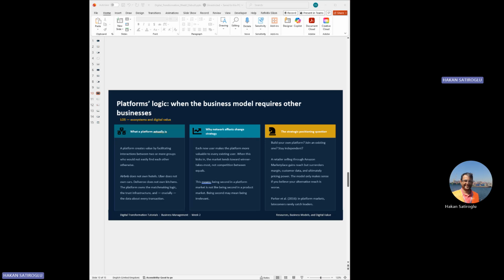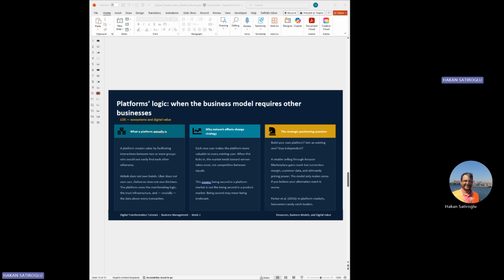The next slide is about platform logic, because last week I mentioned examples like an application or website. This is my scope mainly, but you can include these elements for your ERP or MRP systems in the organization.